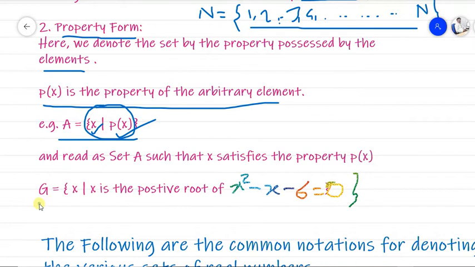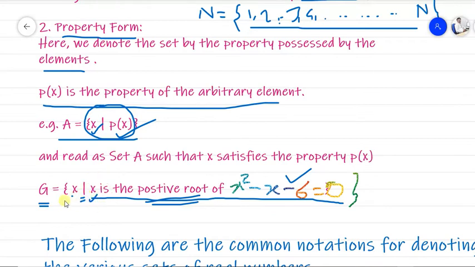You see, G is the set equal to {x | x is the positive root of x² - x - 6 = 0}. This vertical line we call "such that". Here we have an equation, and if we solve this equation we'll get some roots, and the positive roots of that equation are the x values.